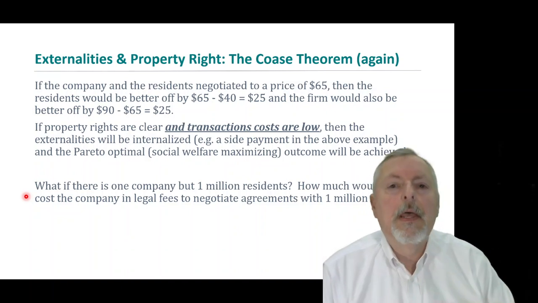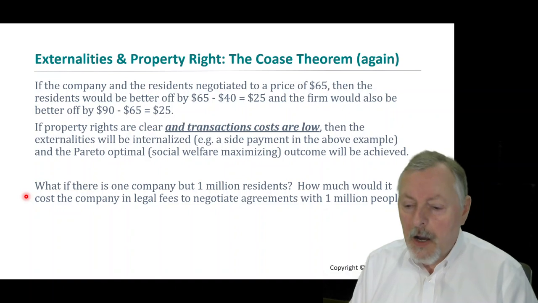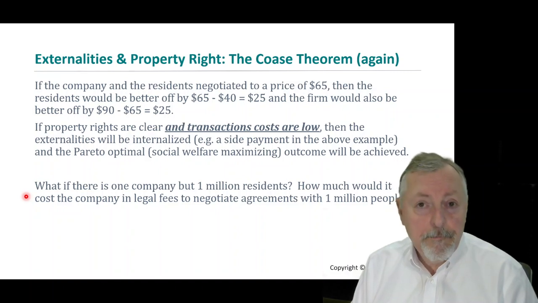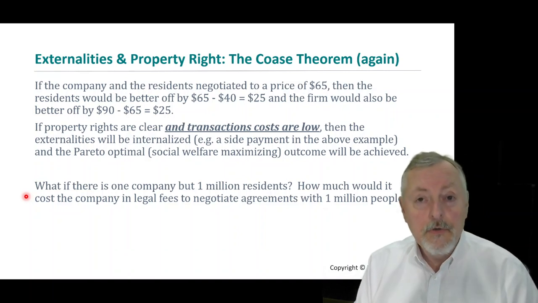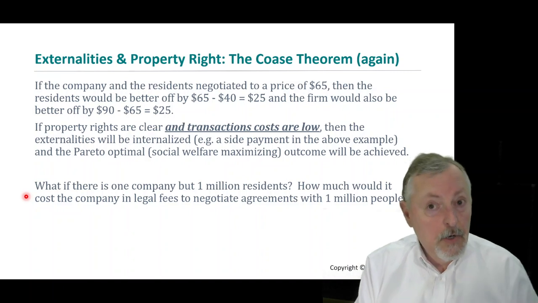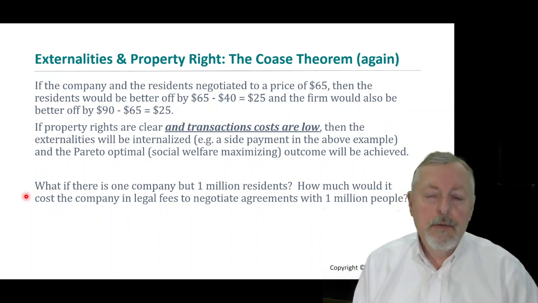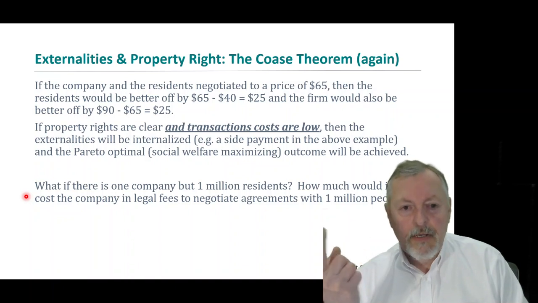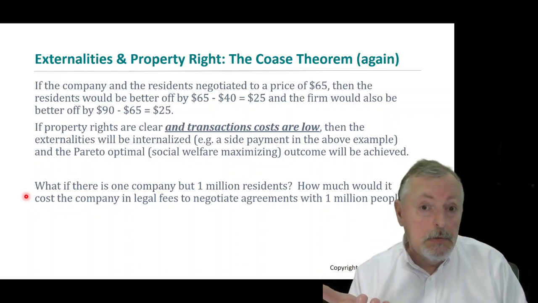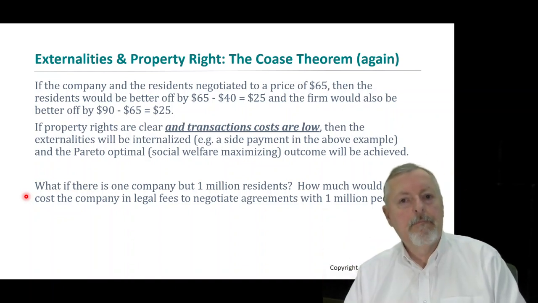How could that happen? Maybe the 1 million people all live in one city. The mayor could appoint one lawyer to represent and negotiate on behalf of all 1 million people. Well, now you have 2 lawyers, one for the company, one for the 1 million people. They could negotiate an agreement.